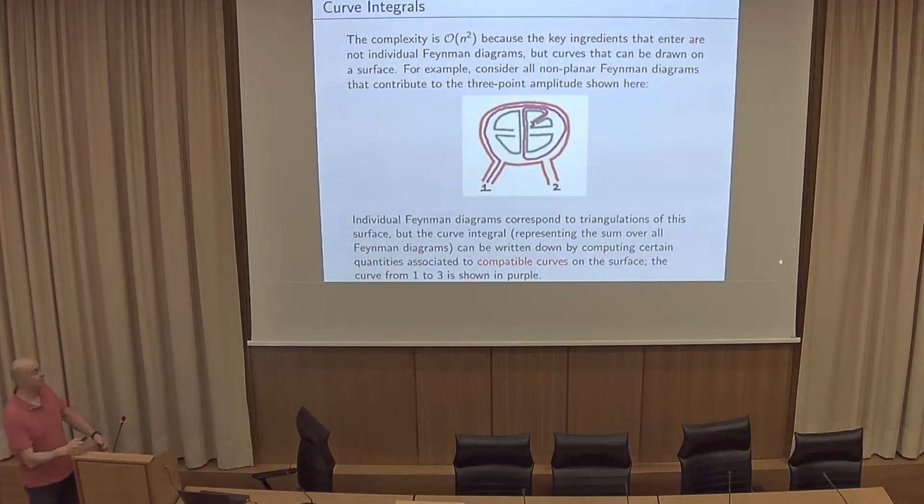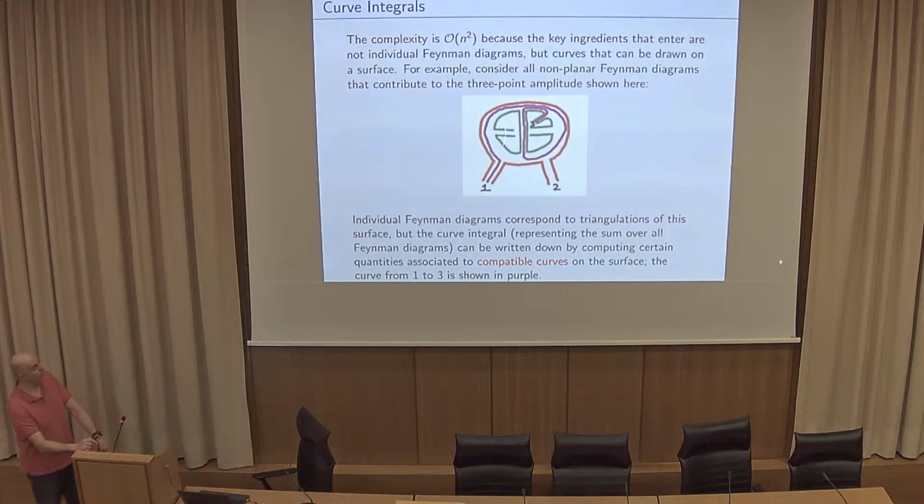The way the curve integral formalism works is that individual diagrams correspond to triangulations of this surface, but we don't need that. The curve integral, you can compute by writing down all of the curves on this surface. I've drawn one example in purple. A curve is something that starts at one of the points and ends at another one of the points.